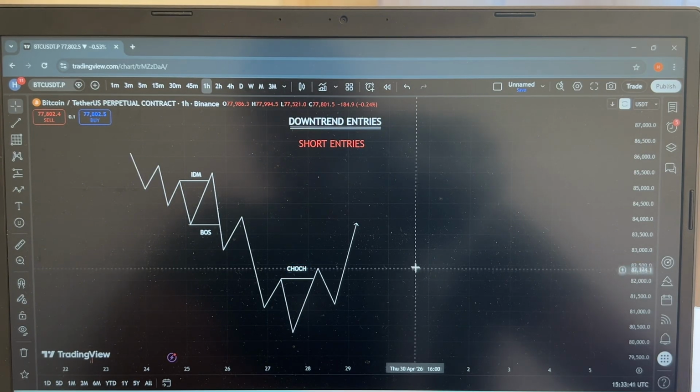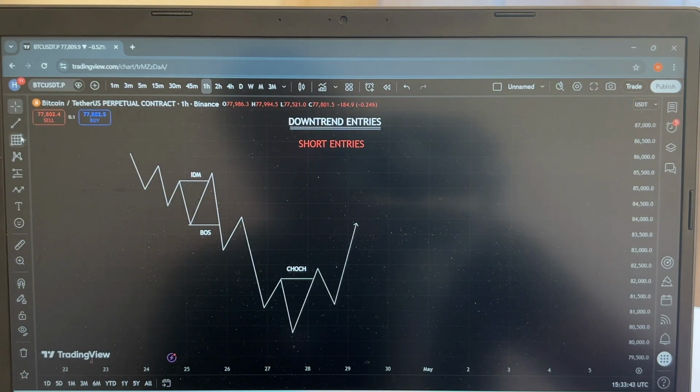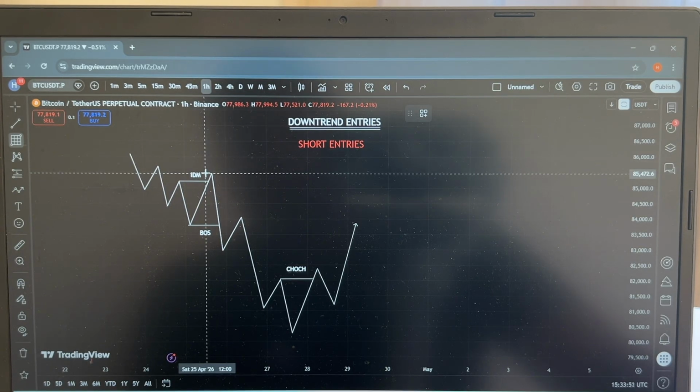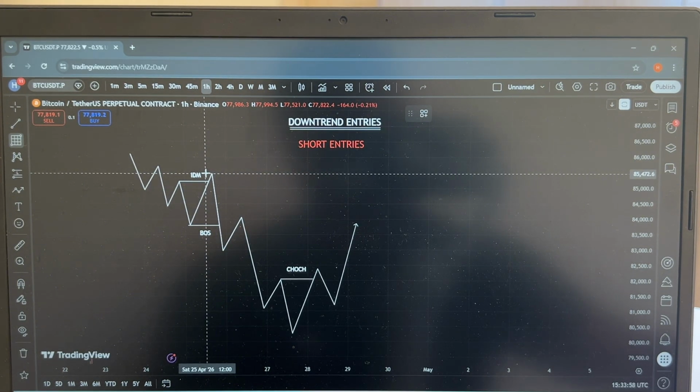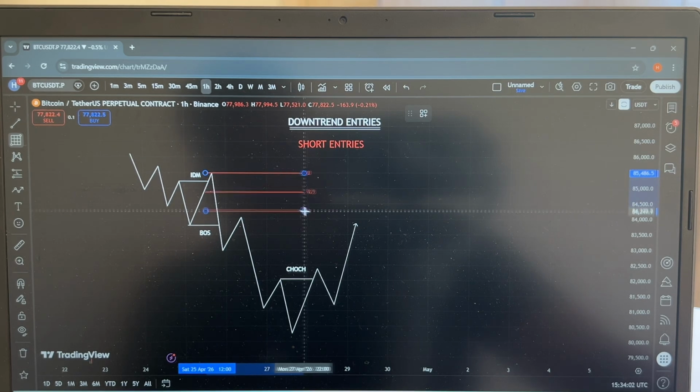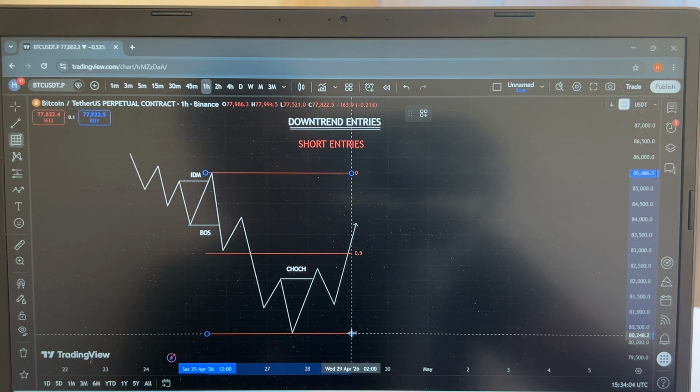All right, now what we are going to do is just like before. Previously we put a zero level on the swing low because it was an uptrend, but here it changes. We are going to use a swing high because it's a downtrend. We are going to start from there and drag it down to the lowest point of the change of character.